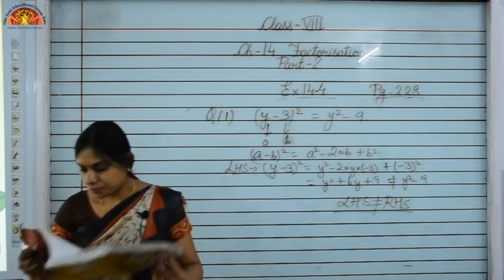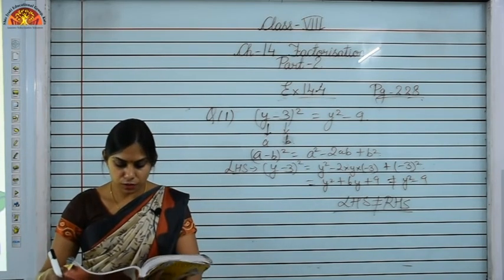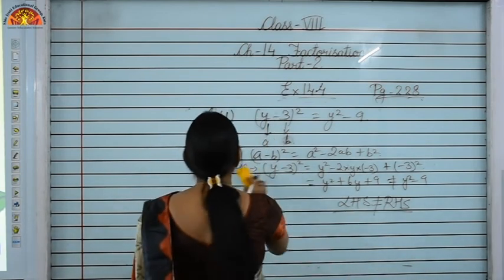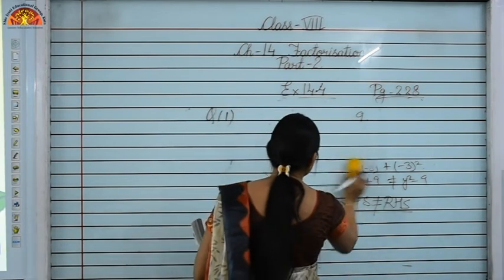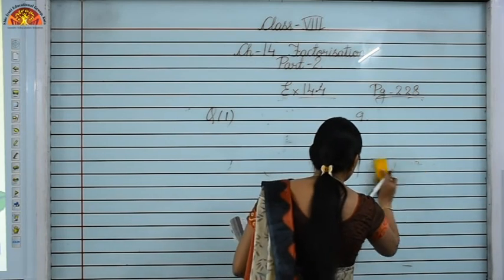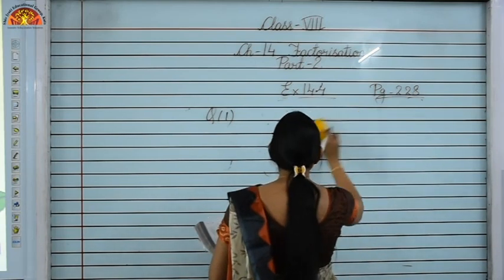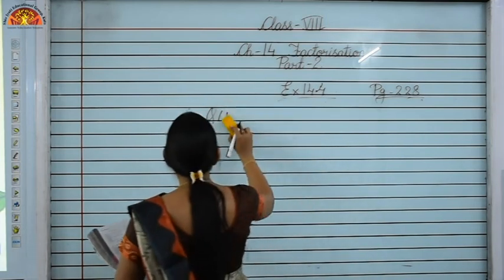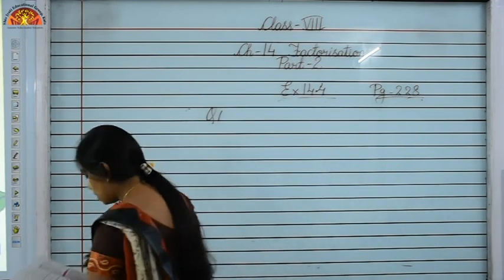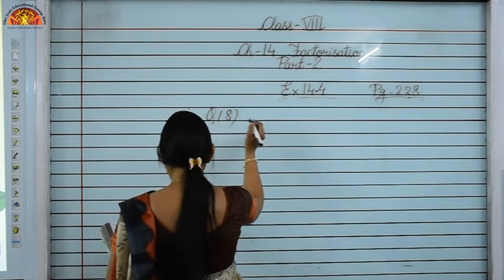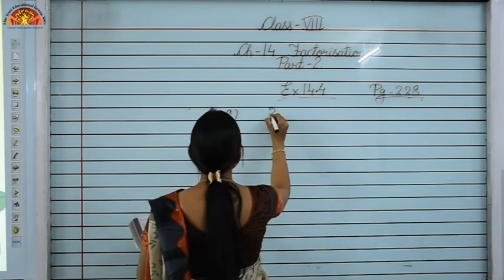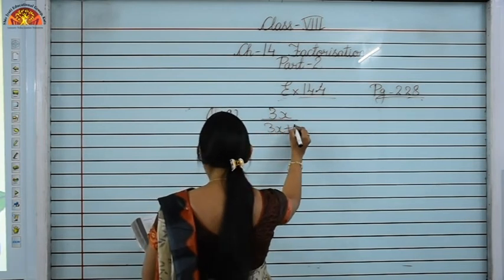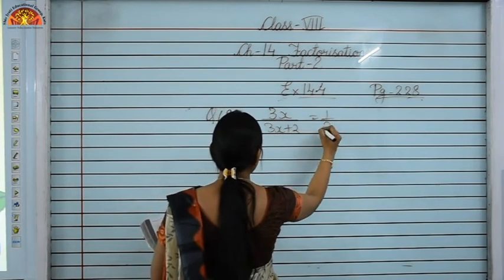Now just see, now we'll solve question number 18. We'll use the same method, that is we will find whether the left hand side is equal to right hand side or not, and if not, what is the error. So just see 18, it is 3x upon 3x plus 2, which is equal to 1 by 2.